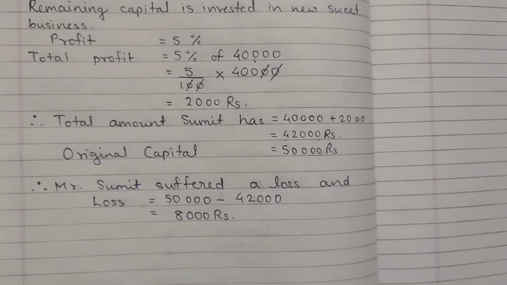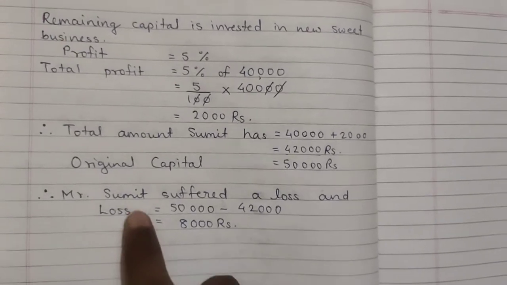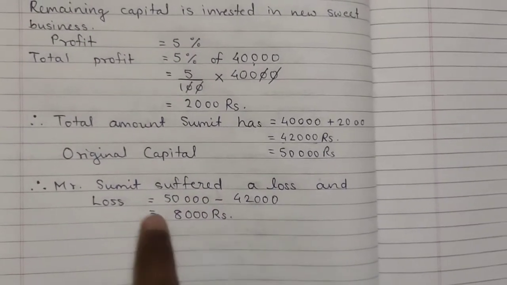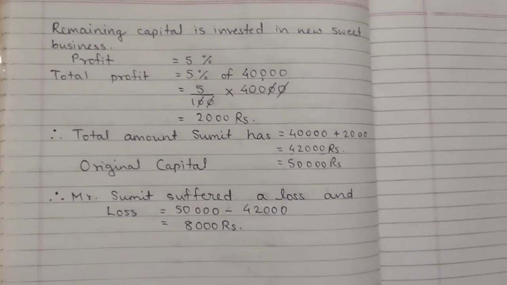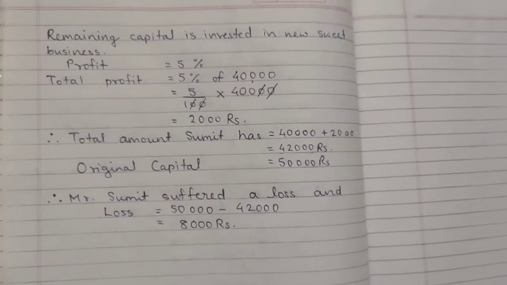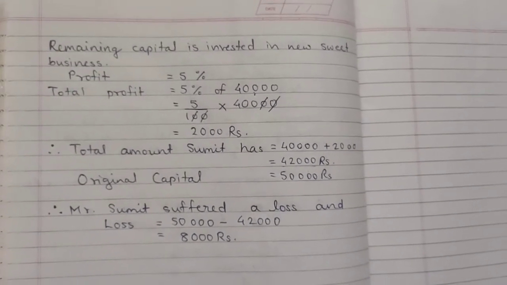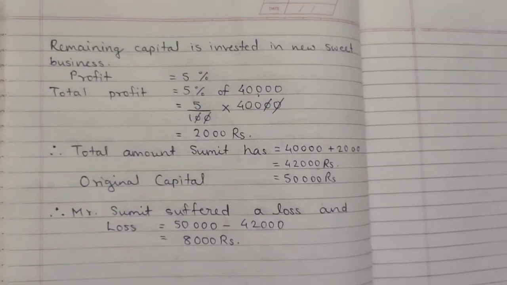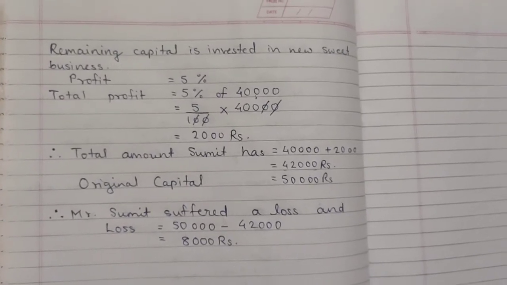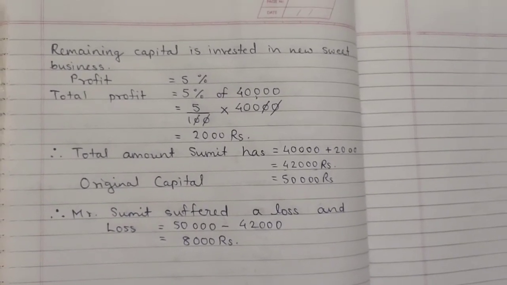So this is your final answer: Mr. Sumit suffered a loss, and the loss is 50,000 minus 42,000, that is 8,000 rupees. So students, this question is not tough. The only thing is you should understand the method, how the steps follow one by one.